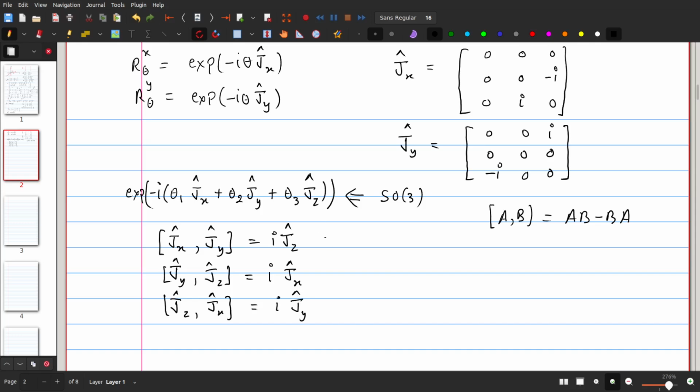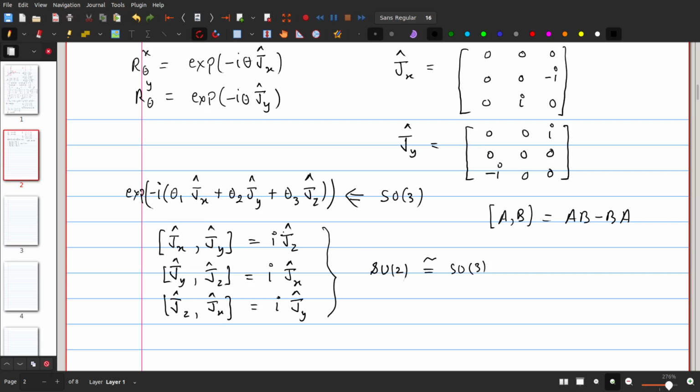These commutation relations define the Lie algebra of SU2, which is isomorphic to the Lie algebra of SO3. In mathematics we call them Lie algebra.